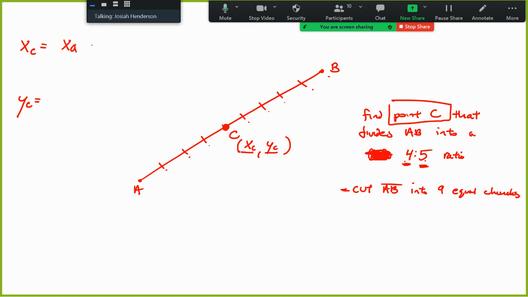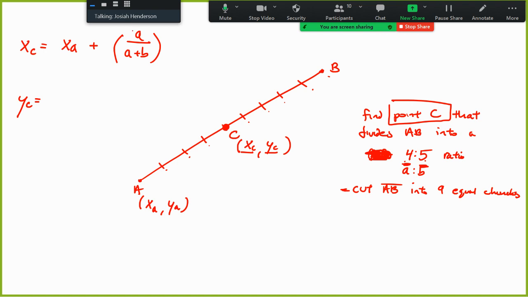Hopefully you've got them in your notes from earlier, but here they are again. X of A, that's the X of the A point, plus little a over A plus B. And where are those coming from? That's from the ratio. So 4/5 is A to B.